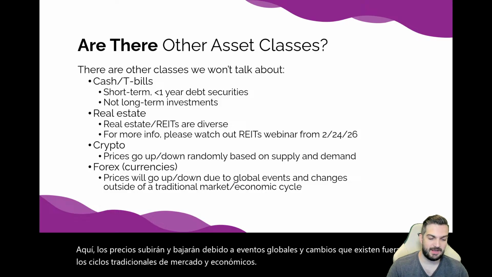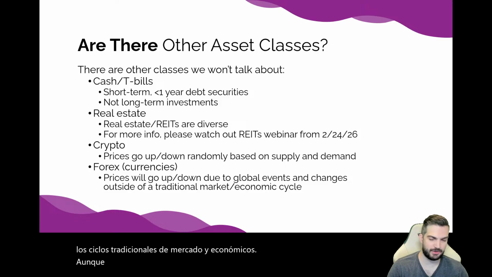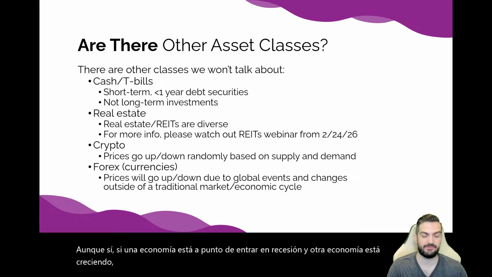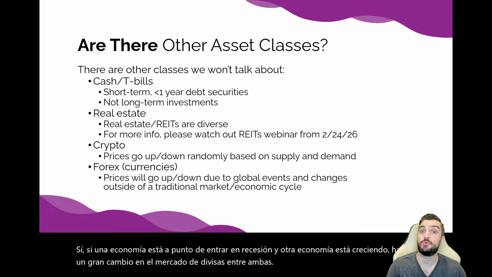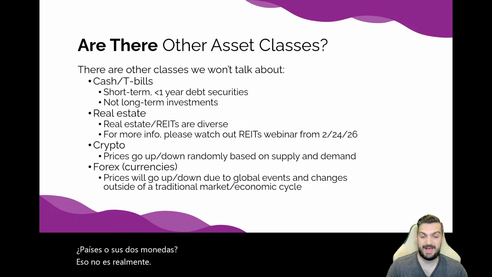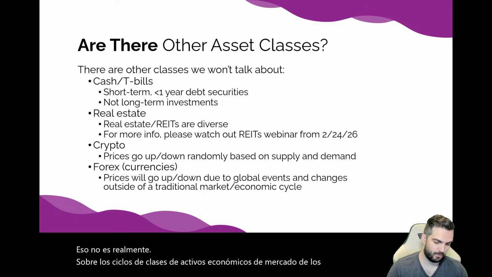While yes, if one economy is about to go through a recession and another economy is growing, there will be a big shift in the Forex exchange between those two countries or their two currencies. That's not really about the market, economic, asset class cycles of the United States. So we'll avoid all of those.